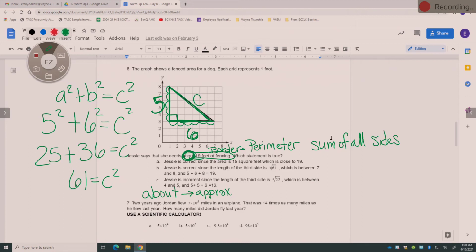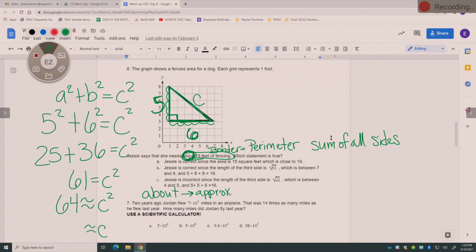It gives us permission to estimate. So I've got a perfect square that is really close to 61. If I go to 64 is approximately c squared, then I can figure out what c is approximately.